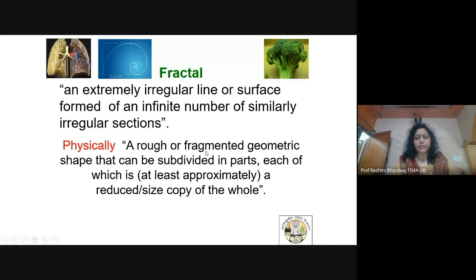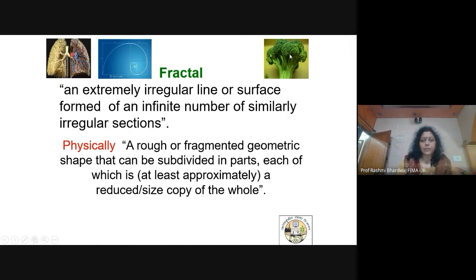Physically, it is a rough or fragmented geometric shape that can be subdivided into parts, each of which is a reduced size copy of the whole. But mathematically, if anyone asks what the difference is between these structures and the earlier ones, these structures you cannot define through Euclidean geometry, because these are curves which do not come under Euclidean geometry.